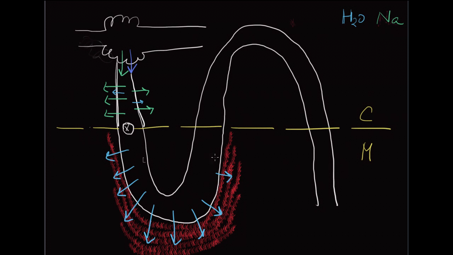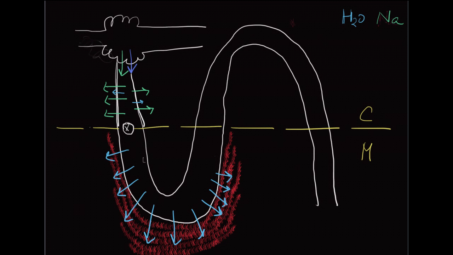And in this concentration gradient, there's so much solutes in the medulla that we're able to pull a lot of water out of the urine. So a lot of this water is pulled out back into the vascular space.